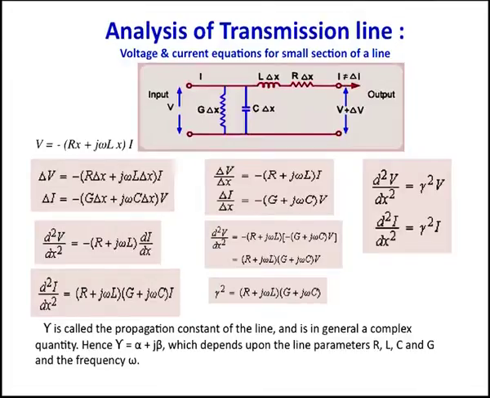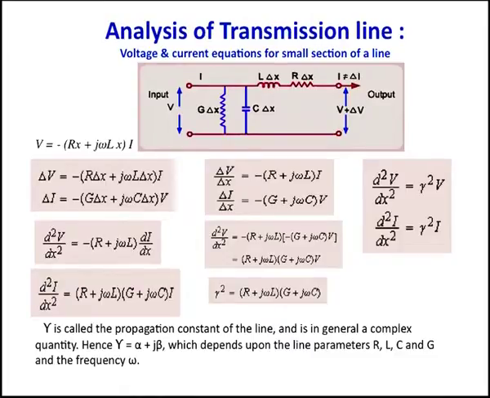From this expression we can find dV by dx and dI by dx. With the approximation that del x is very small, in the limit del x tends to 0, the expression becomes the differential equation dV by dx equals minus this.